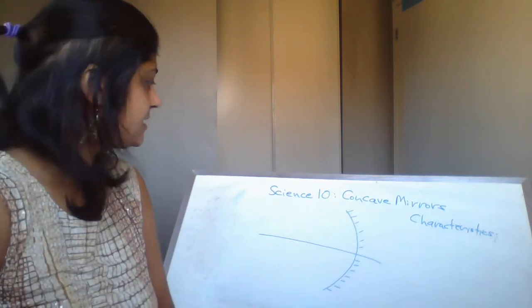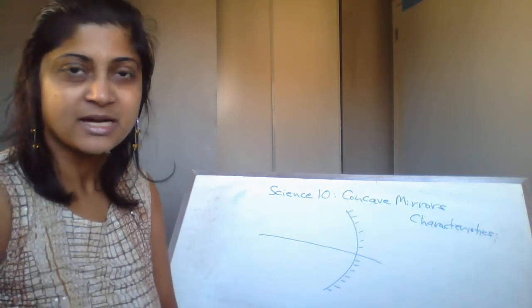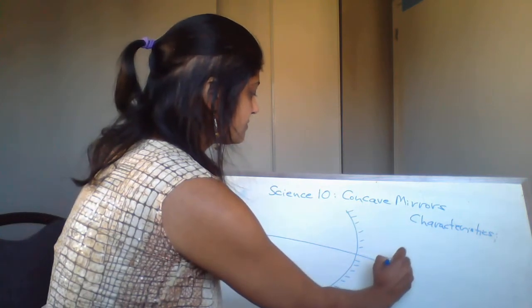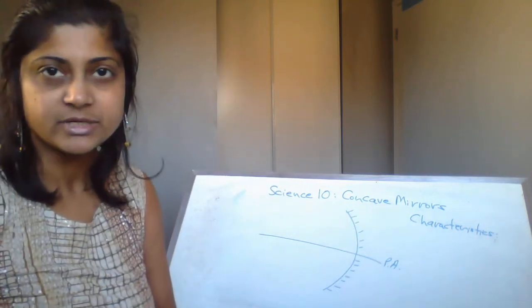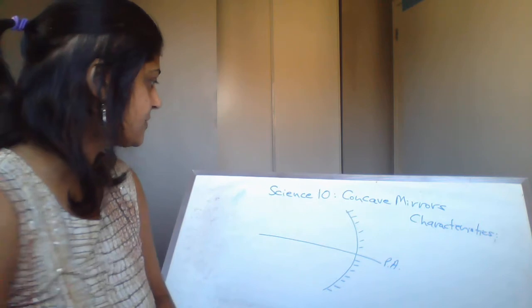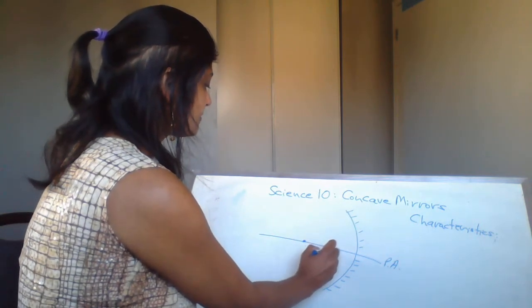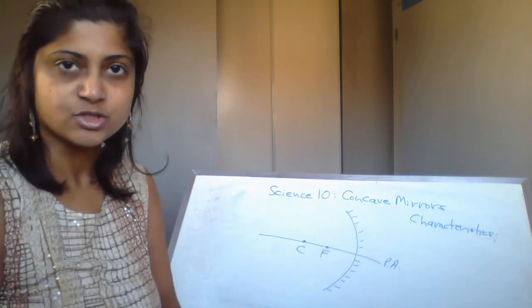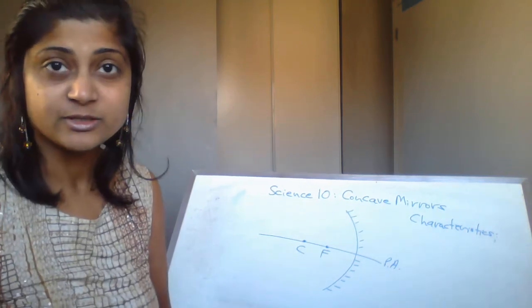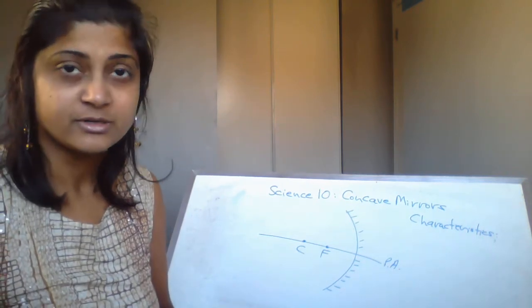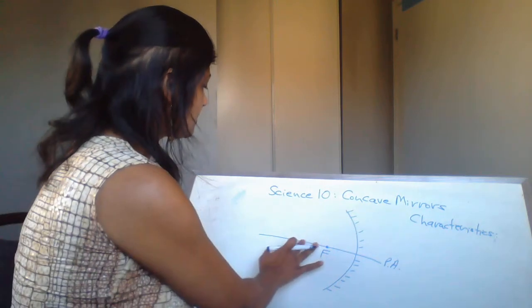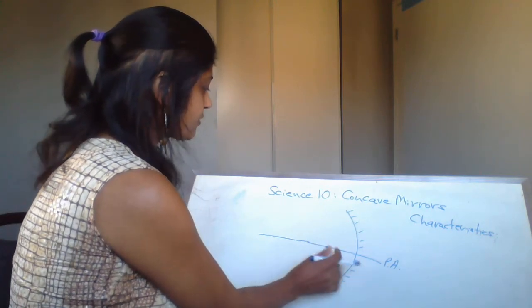Again, make sure the principal axis, I'll just put PA here, is straight when you're drawing it out. So I'm going to put the focus as well as the center. And when you are drawing out your diagram, I know you don't see it here, so I'm going to try to make it a little accurate.